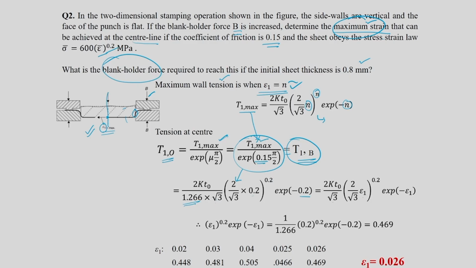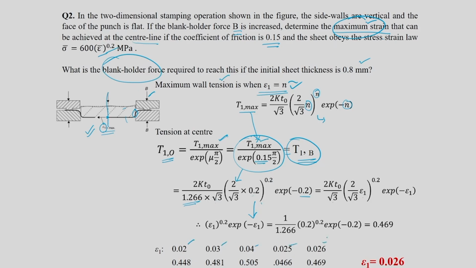So all the values are known to us, except your epsilon 1, and you can modify this equation in this way. All known values you can take on the right hand side, and the unknown value, which is epsilon 1, you can keep on the left hand side. You can do some small calculation in between, and like in the previous problem, you iteratively solve this by giving different epsilon 1 values.